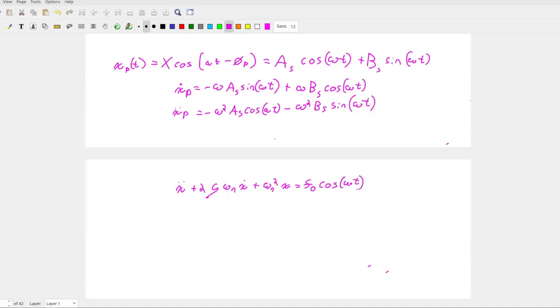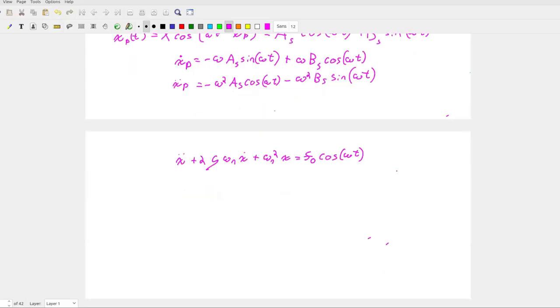I've done nothing. That's exactly what we had before, right? I have an equation of motion. I have a solution. My solution is a particular solution. The full solution is homogeneous plus particular, but the particular solution is in and of itself a solution, so we can apply that here. And if I apply that here, I get quite the long term.